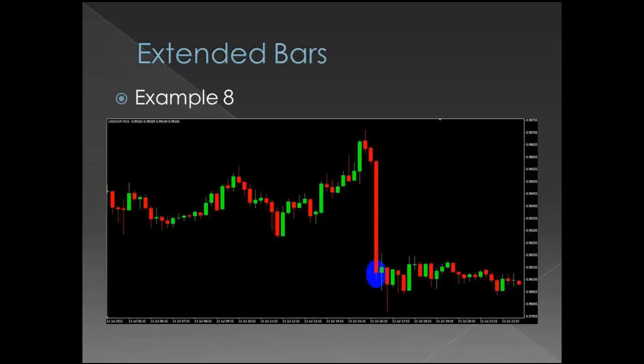Here's another one. This was a big fat one, okay? And there's just nothing that you can do with this. This was such a big candle that there was no retracement, really, and it just went sideways. And if you guys are opening up your charts and you're seeing this kind of stuff, wait.